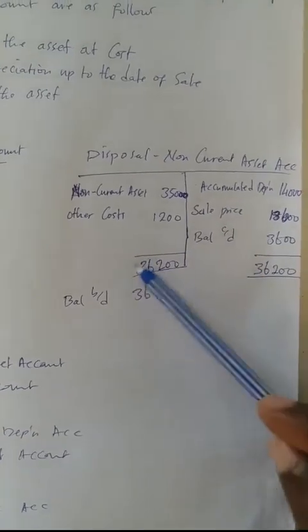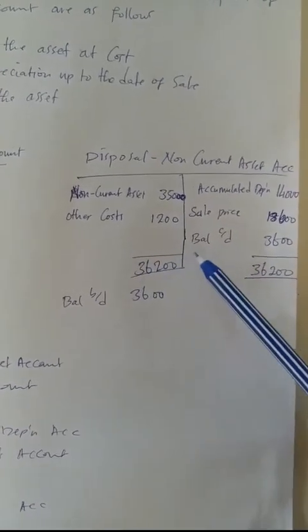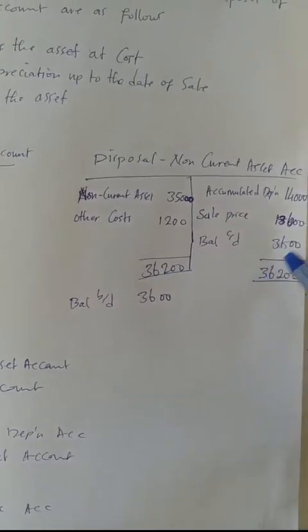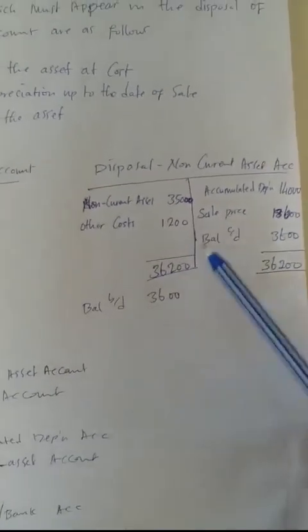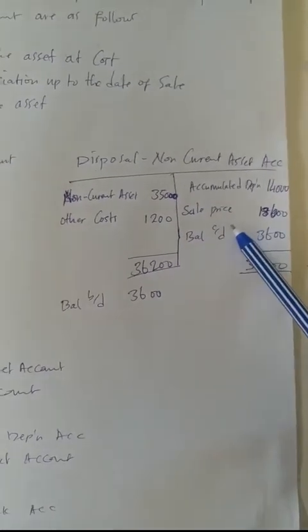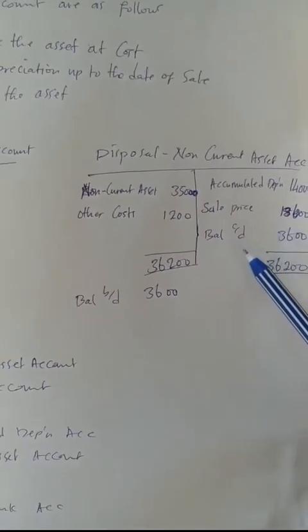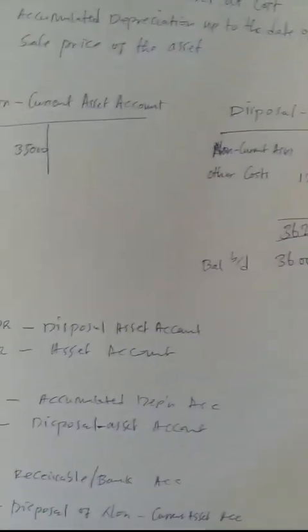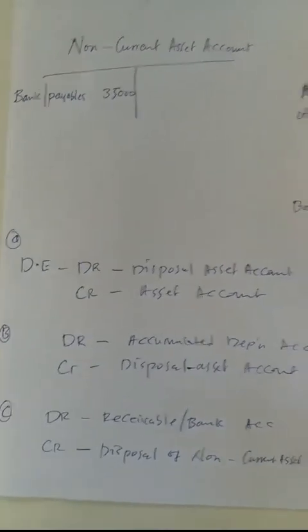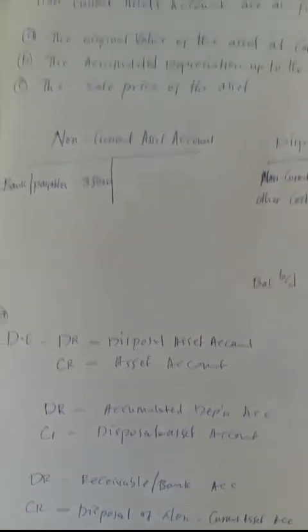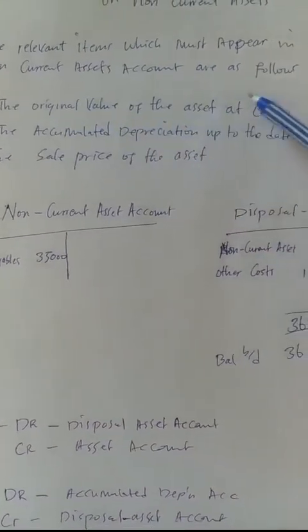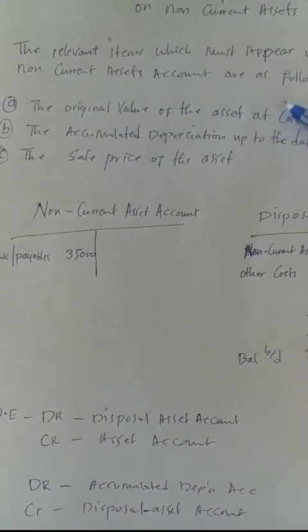If you don't understand the profits in terms of debit or credit, I think you will understand when you go through this. It's not that hard, but the best way to calculate whether you've made a profit or a loss is following the same method I explained previously. Now let's go to the double entry. Of these items here, the original value of the asset at cost, how is this accounted for?